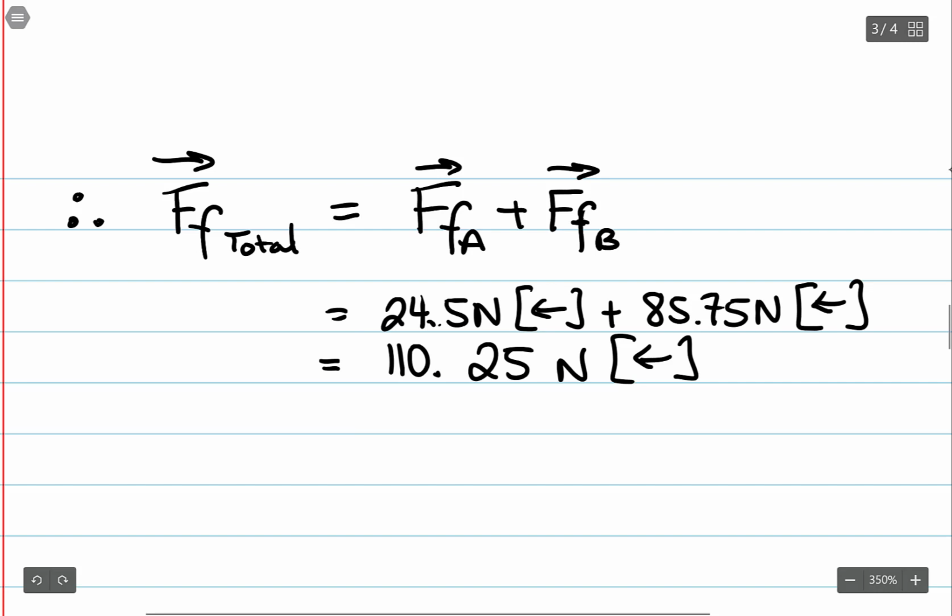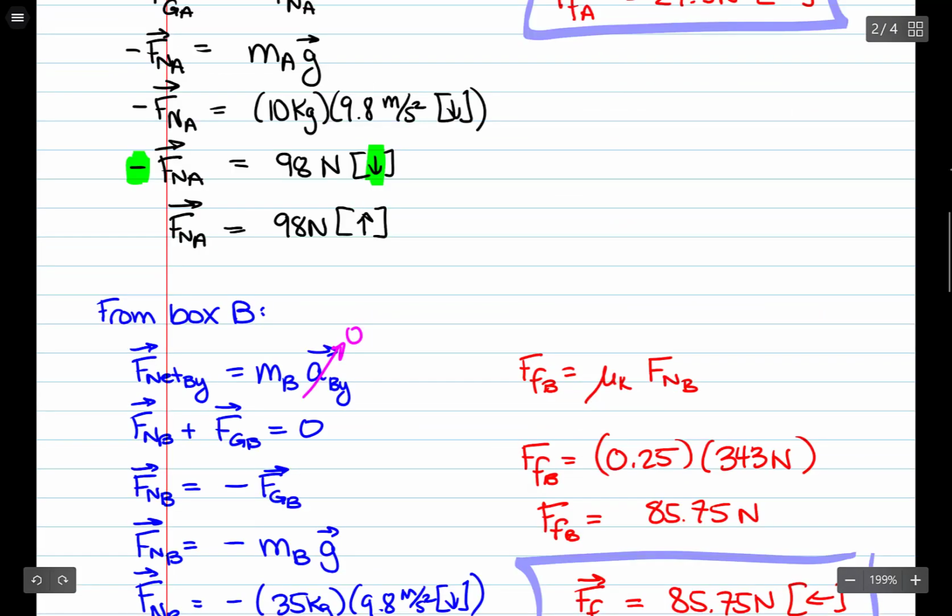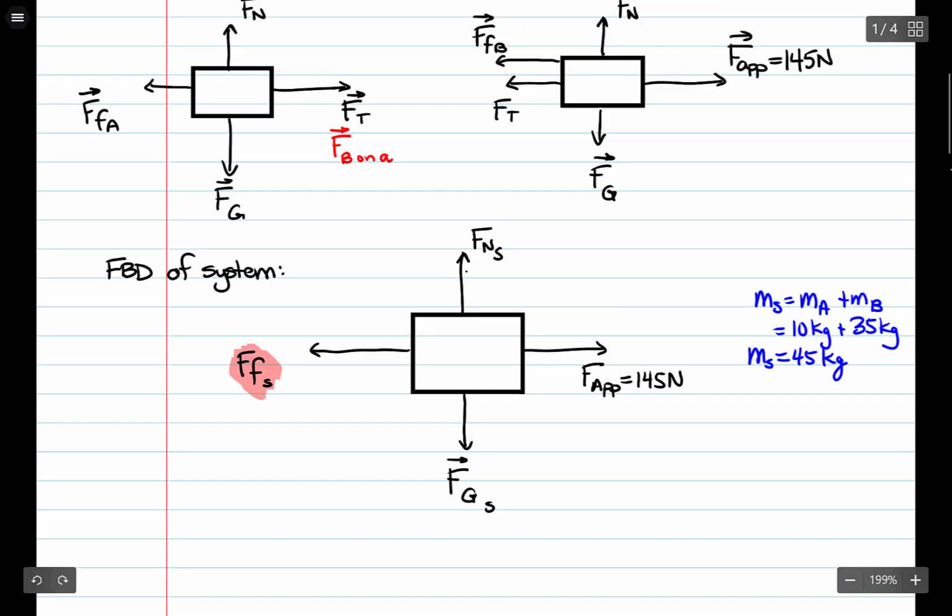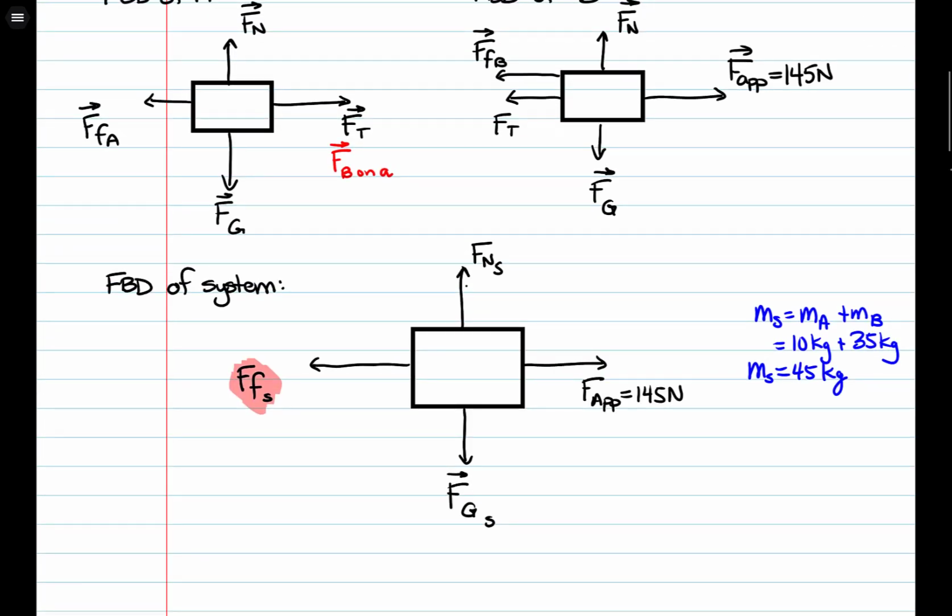So finally, we know what the force of friction is on our combined system. So if we go back to the free body diagram of our combined system here, so I'm just scrolling up, we now know this value of 110.25 newtons.